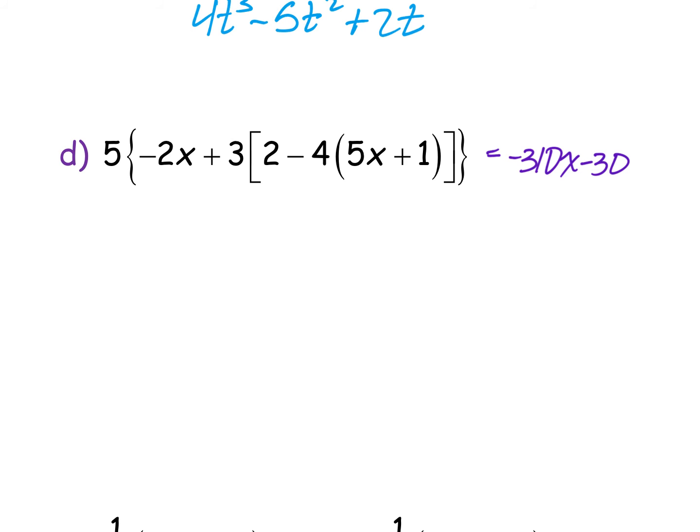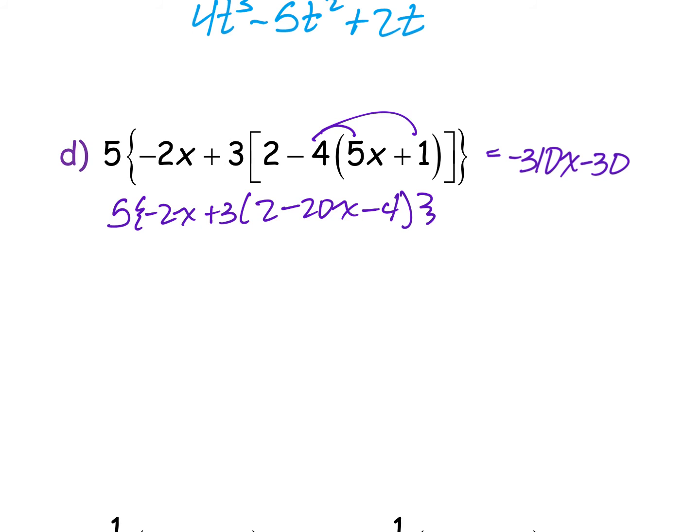So, right, I start on the inside. So I get 5 minus 2x plus 3 times 2 minus 20x minus 4. And then I'm going to distribute the 3 through. So 5 minus 2x plus 6 minus 60x minus 12.